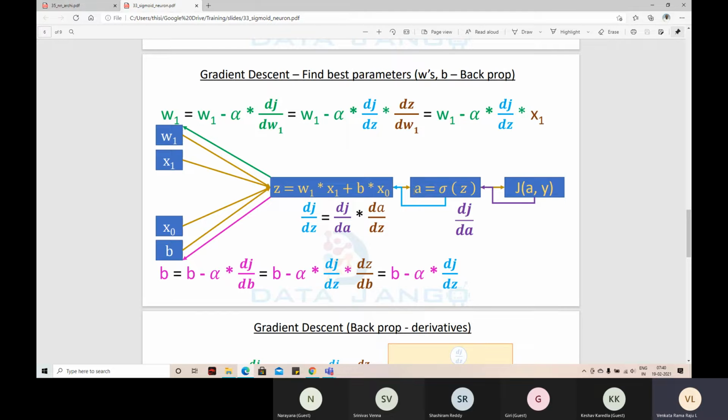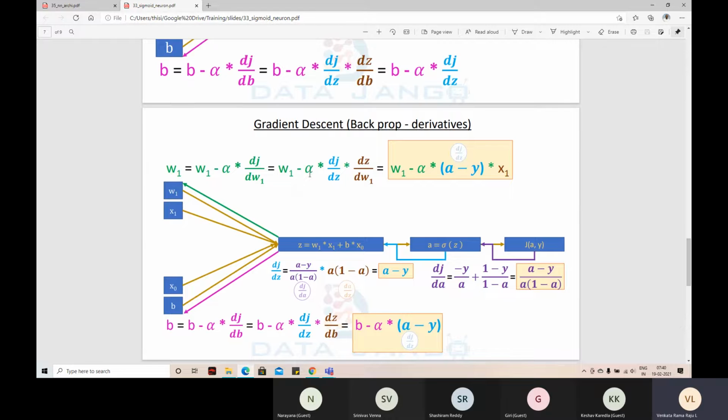That's the back propagation. So W is equal to W minus alpha into dz by dW1 into dA by dz into dj by dA. There is nothing going backward, even though I denoted a backward arrow here. It is just calculating these W's.